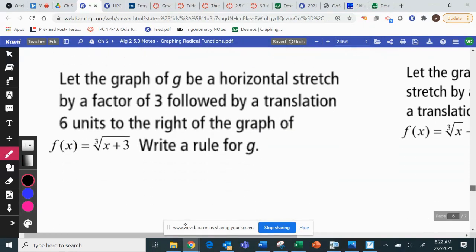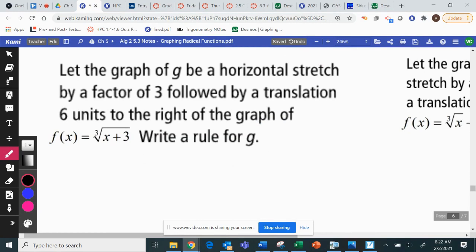Okay, how about this: let the graph of g be a horizontal stretch by a factor of 3, followed by a translation 6 units to the right of the graph of f of x equals cube root of x plus 3. Write a rule for g. I want you guys to try that one on your own.